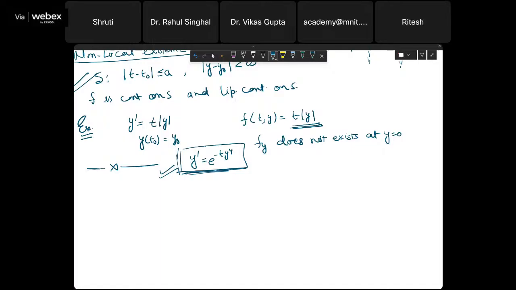This equation has a solution, and you can check all the conditions on the function f. The solution will exist, but the point is that we cannot solve it analytically with any standard method. In such cases we seek numerical methods, as I mentioned earlier. So let me now start with numerical methods for initial value problems.